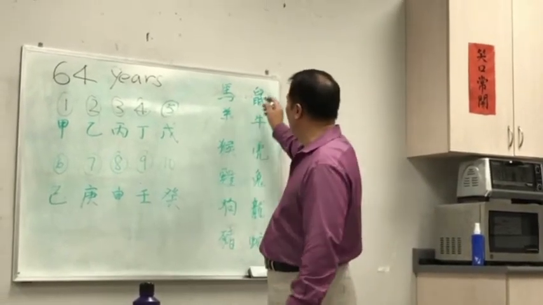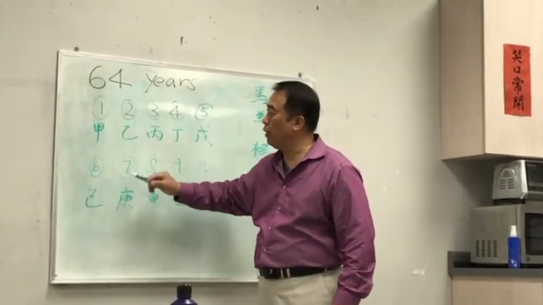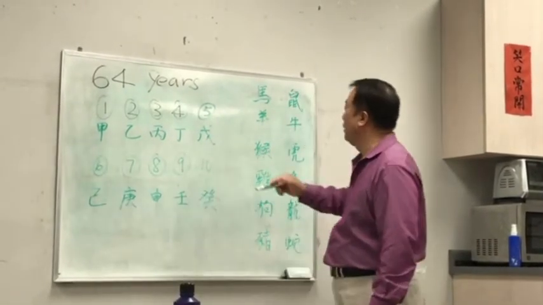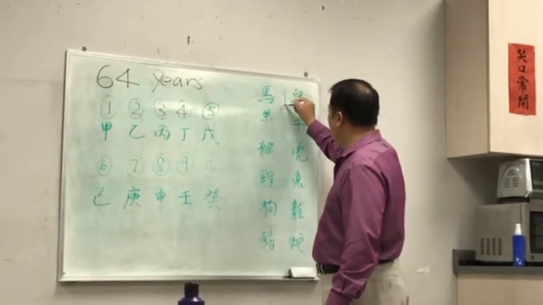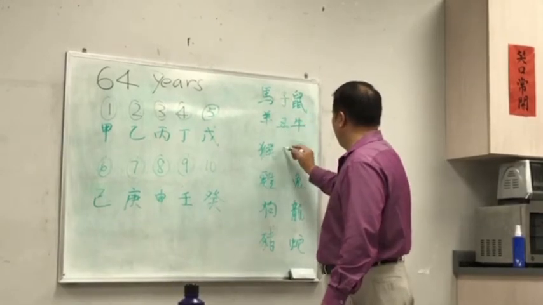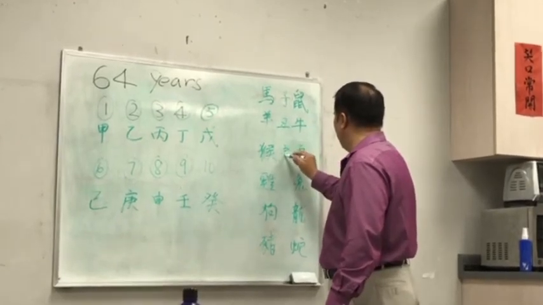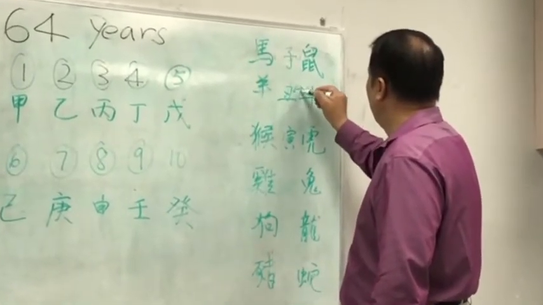For the mice, they have a different name; they don't call the mice the mice. Just like 1, 2, 3, they don't call it 1, 2, 3, but they call it Jia Yi Bing Ding. The same thing in here. The mouse, they call Zi Chou Yin. I'm going to put it here.